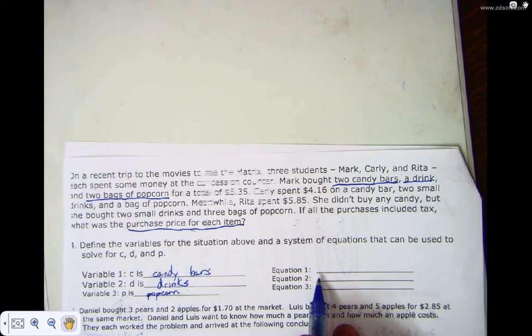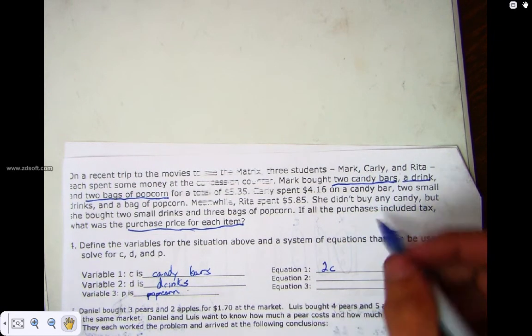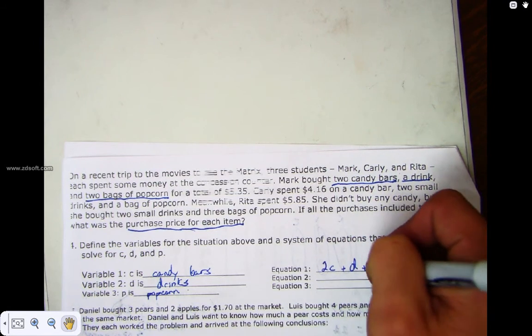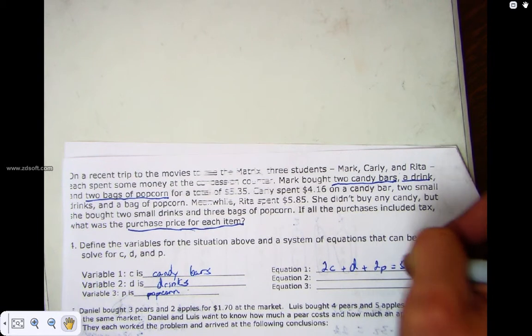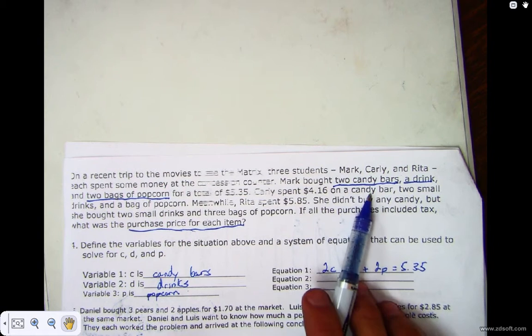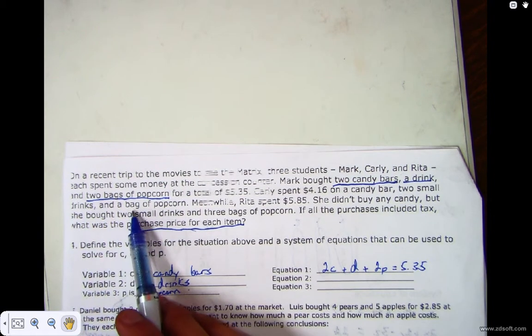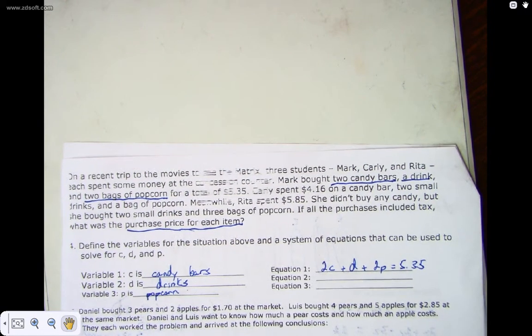This first guy had 2 candy bars, 1 drink, 2 popcorns, and he spent $5.35 on it. The next one is going to be 1 candy bar, 1 C, 2 D, 1 P, and that's going to be $4.16. I don't want to keep writing this stuff out because I don't want to spend too much time on any one problem.